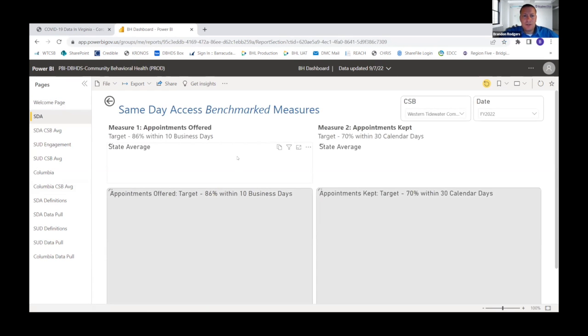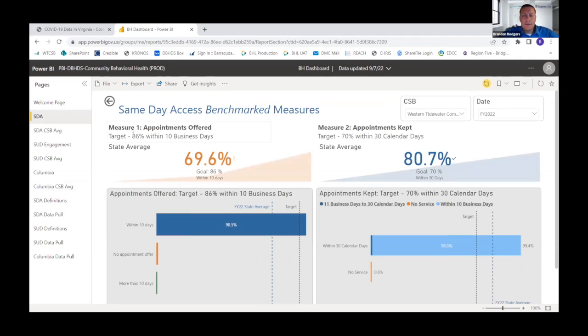We're supposed to have a measure of how many appointments are offered within 10 business days across the CSB system. That's a same day access measure. So after you've had your assessment, how many times do you have your next appointment within 10 days? And our target here, you can see, is 86%. And right now the CSB system as a whole is at 69.6%.